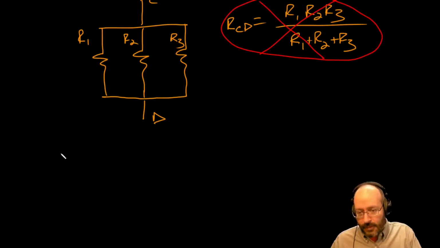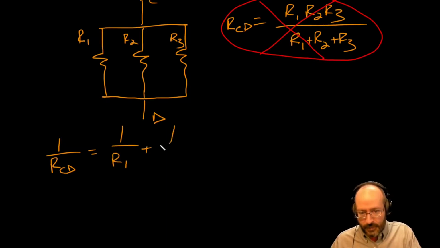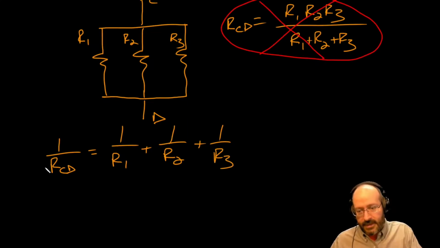For three or more, we have to say 1 over RCD is equal to 1 over R1 plus 1 over R2 plus 1 over R3. And then we again want to solve for the equivalent resistance here.